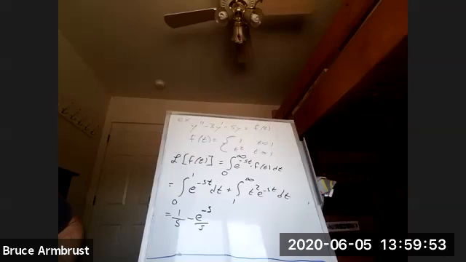Okay, so now let's go ahead and find the integral for the other one. So we're now going to have t squared times e to the minus st. And this time we're going from 1 to infinity.